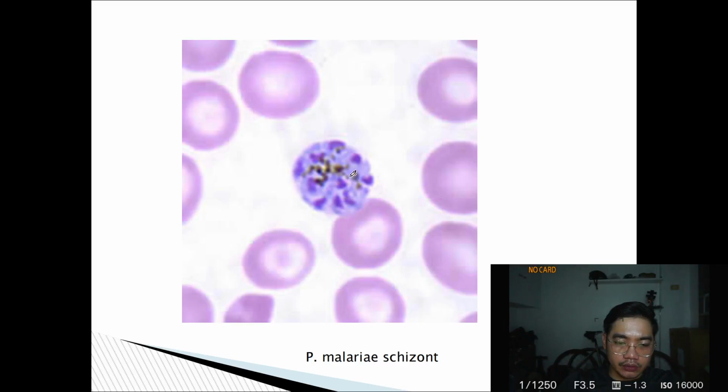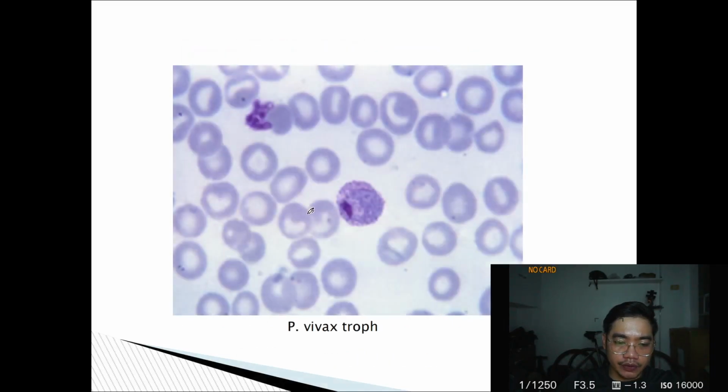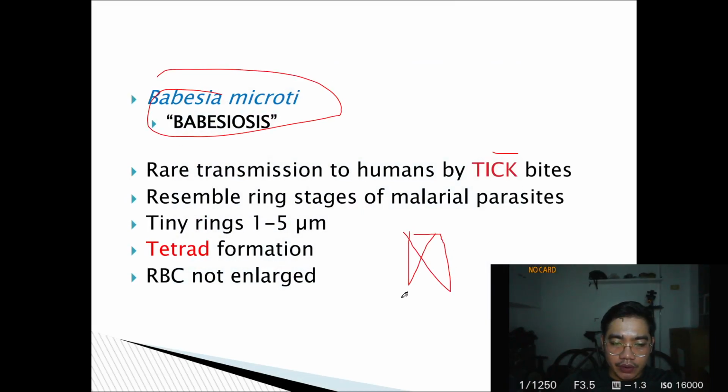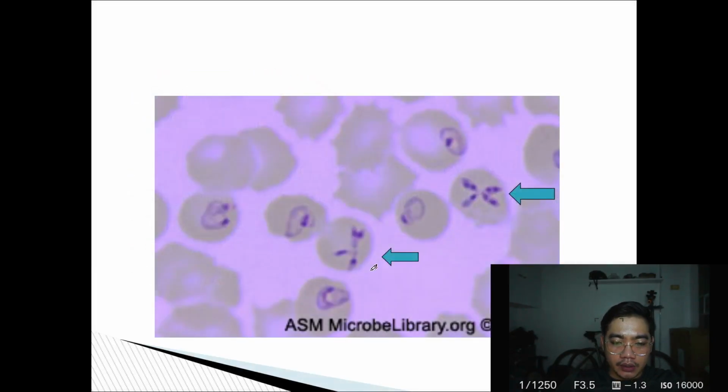Yeah, schizont, ring form, vivax. And babesiosis, Babesia microti. So we have a tetrad. Sometimes we call this a Maltese cross, no, in your Babesia. It's an intracellular parasite. This one.